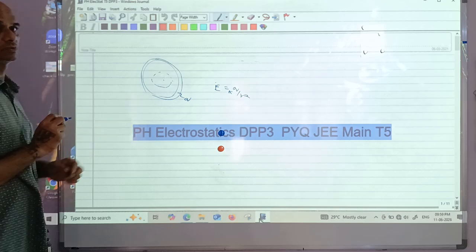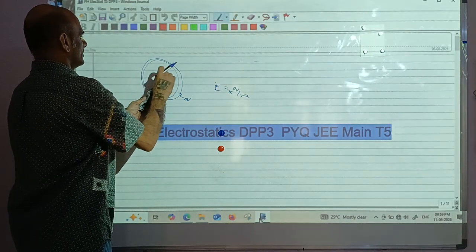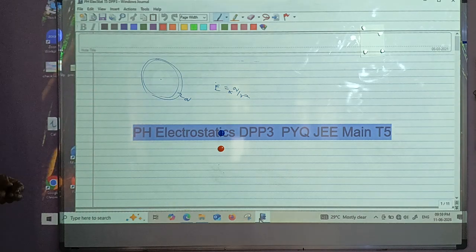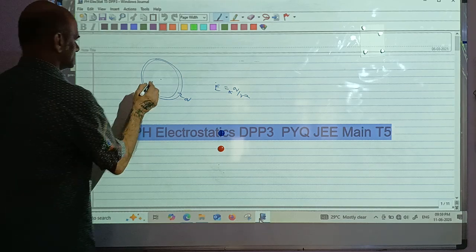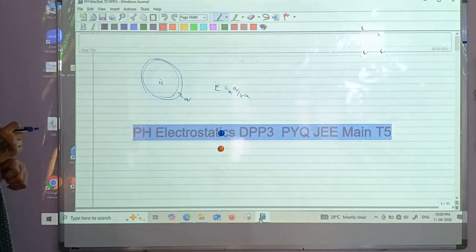No charge is there inside, so it becomes 0. From Gauss I can understand, but at the middle point I can figure out it is obviously 0 electric field. Why is it so? Because no charges, no electric field inside. I just have to put 1 coulomb here. What is the ratio of the force on this 1 coulomb, to find the electric field?